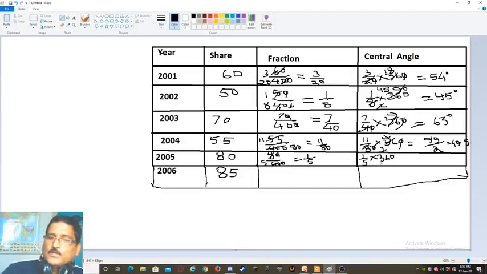Okay, I will cut it by 5. 5 7s are 35, carry 1, 72 degree. That is equivalent to 72 degree.